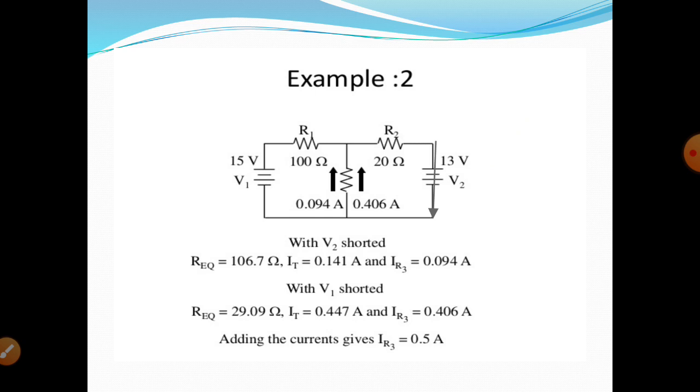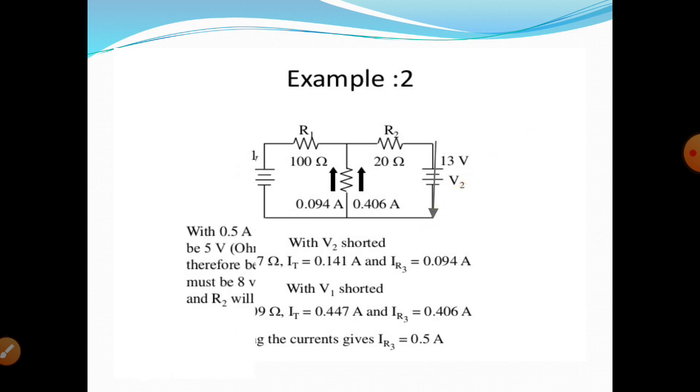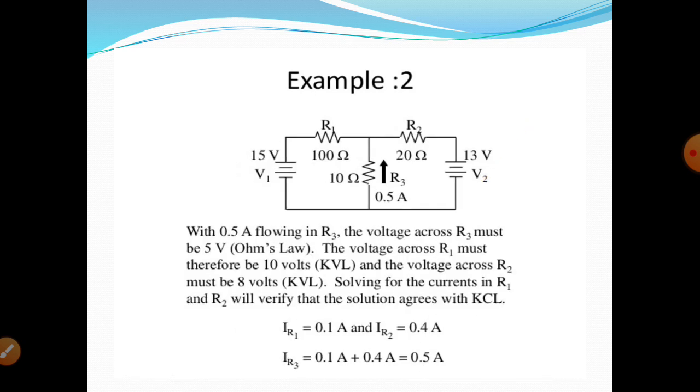The total current IT is equal to 0.141 amps, and the current through the R3 resistance, IR3, is equal to 0.094 amps. Adding these currents, the total current IR3 is equal to 0.5 amps. This is example 2.